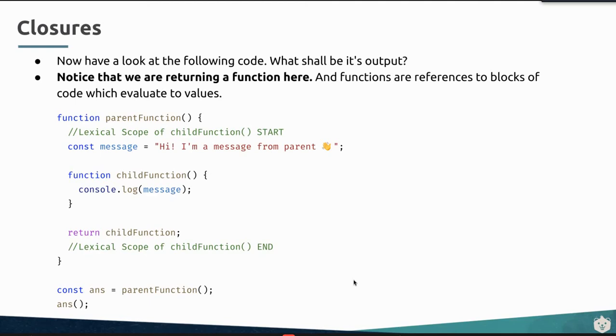Closures are basically functions wrapped with their parents' lexical scope, I should say. Somebody asks you, what is the definition of closures? What do you understand by closures? For now, what you have understood is callbacks, function statements, function expressions, higher order functions, first class citizens. Now another fancy term is closures.